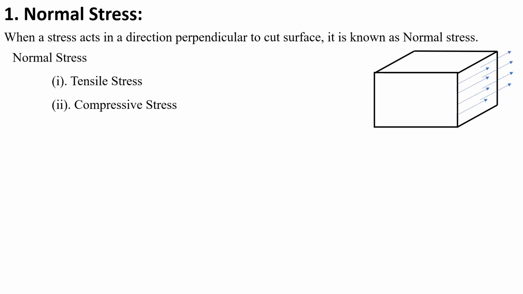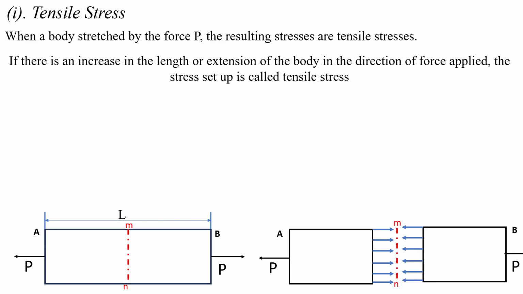First we look at the normal stress. When a stress acts in the direction perpendicular to the cut surface, it is known as the normal stress. This normal stress is subclassified into tensile stress and compressive stress. Now let's look at the tensile stress.